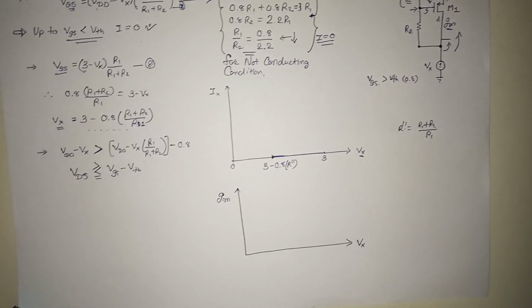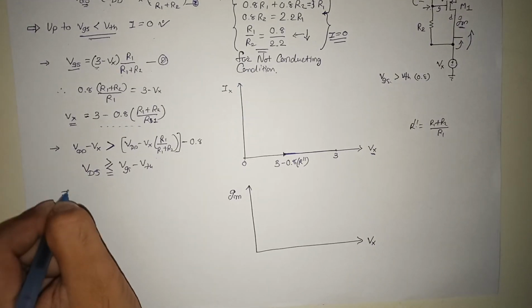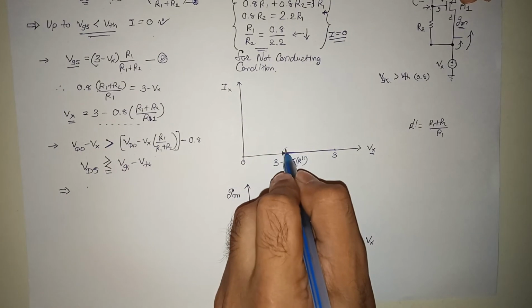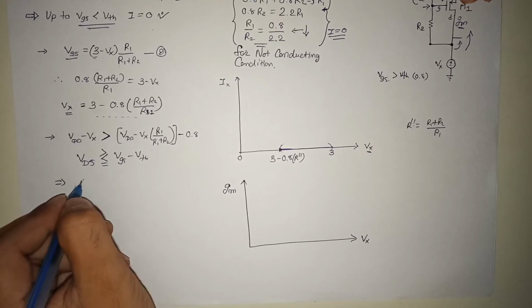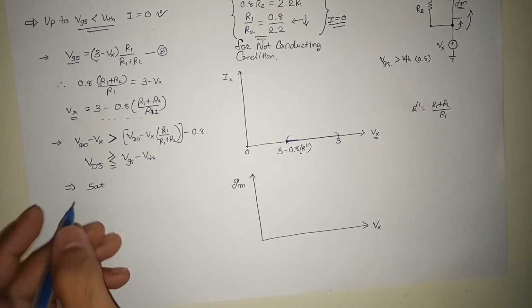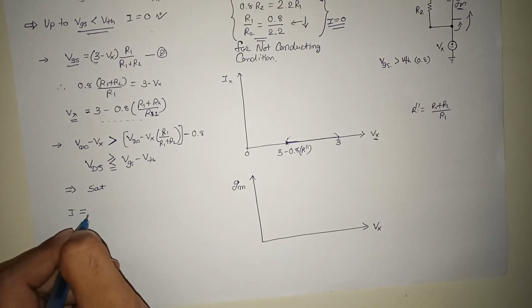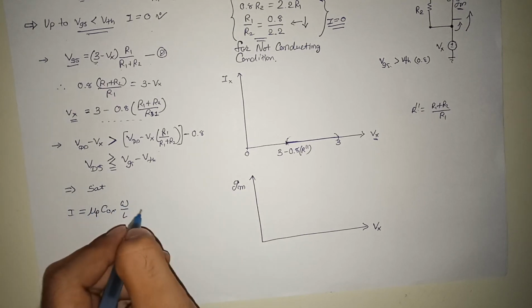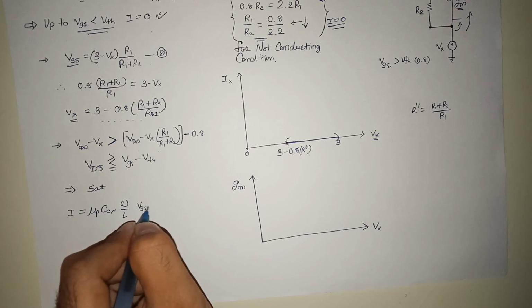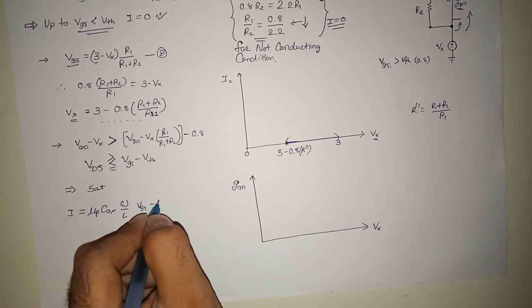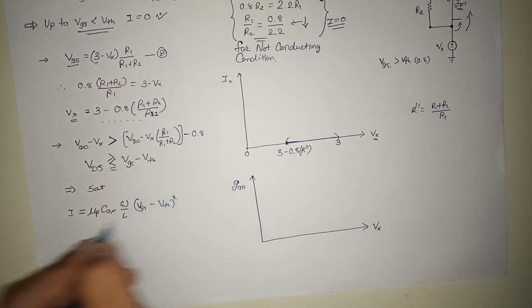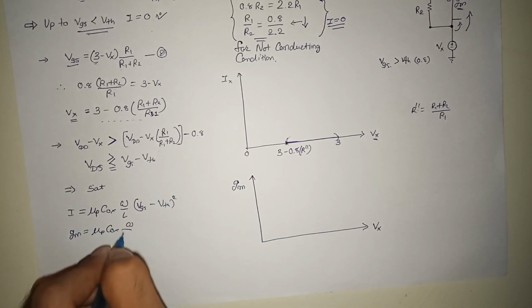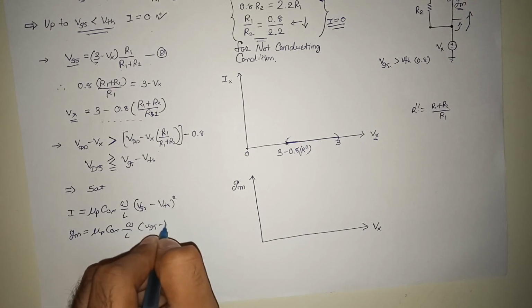So what came out? This MOSFET, other than this region here, will be in saturation. So I is mu p Cox W by L times VGS minus VTH squared, and gm is mu p Cox W by L times VGS minus VTH.